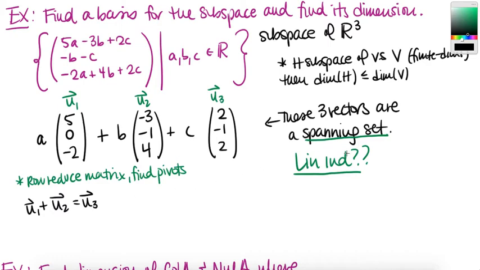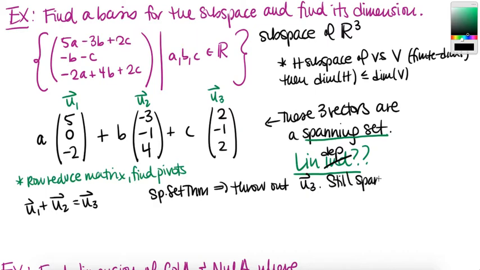That tells us these 3 vectors are not linearly independent, they're linearly dependent. Then we use the spanning set theorem, which tells us we can throw out the redundant one. So let's throw out U3. We still span.